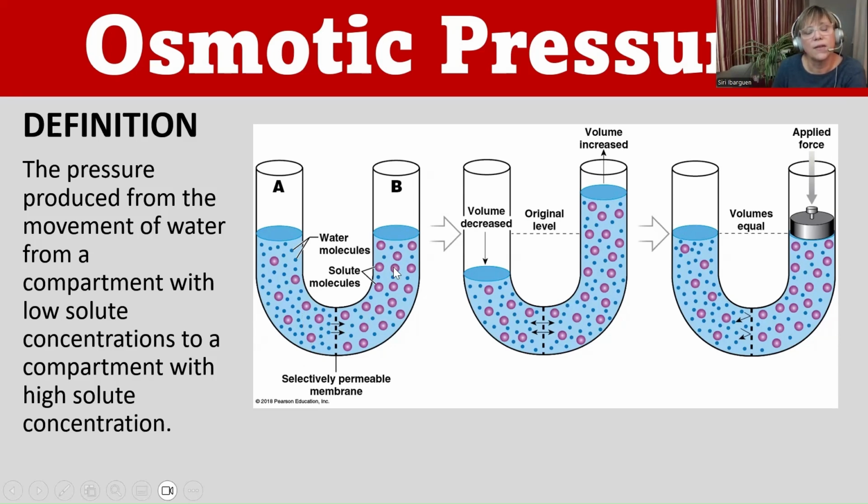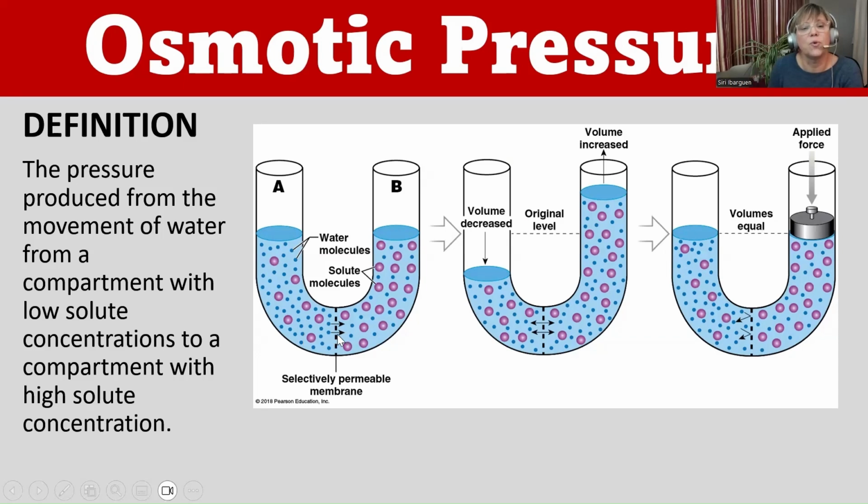And on the other side, on the B side of the tube, there's not as many water molecules, and there's quite a few solutes. This means these solutes are dissolved in the solution because water molecules are surrounding these solutes, so they're not really moving freely. There's a lot more free moving, randomly moving water molecules on the A side.